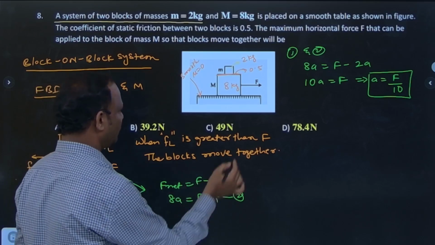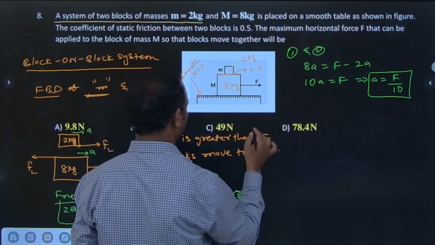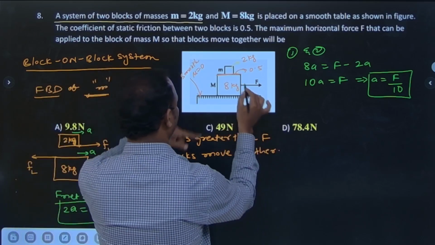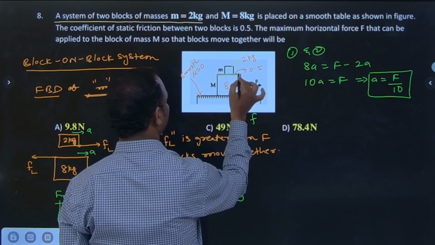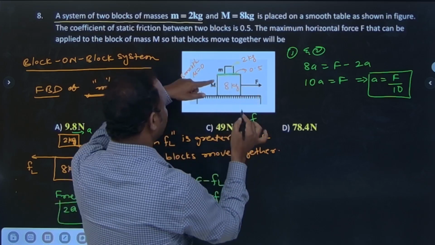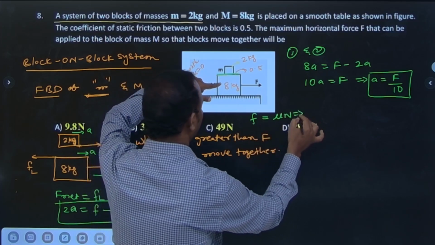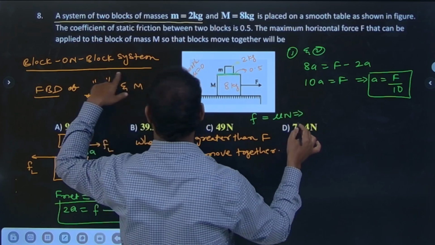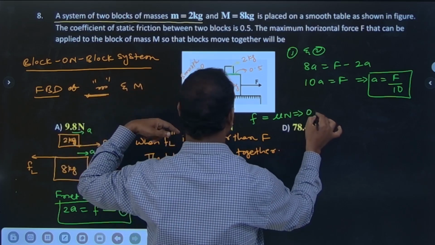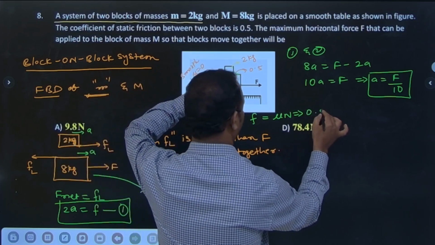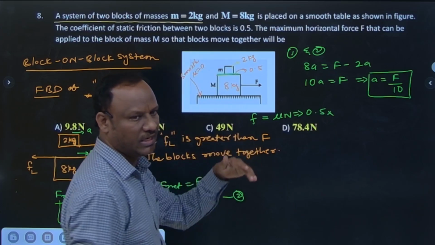I need to know what small f is. F means the frictional force. Where is the frictional force between these two? F is equal to what? Mu into N. What is the mu given? 0.5. N means mg.